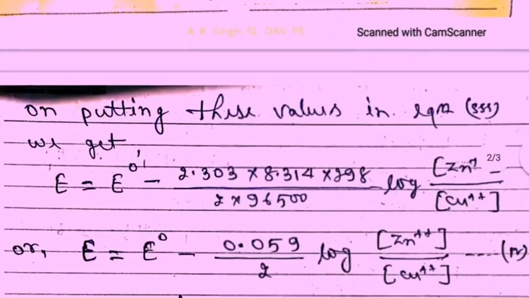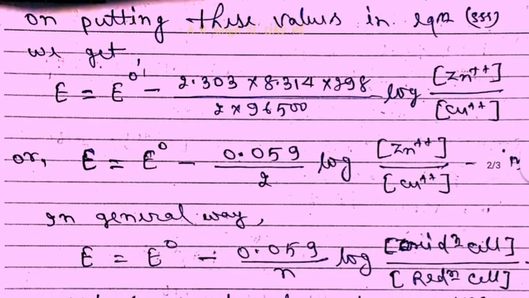Next, on putting the values in equation 3 we get, meaning the above values were written there.